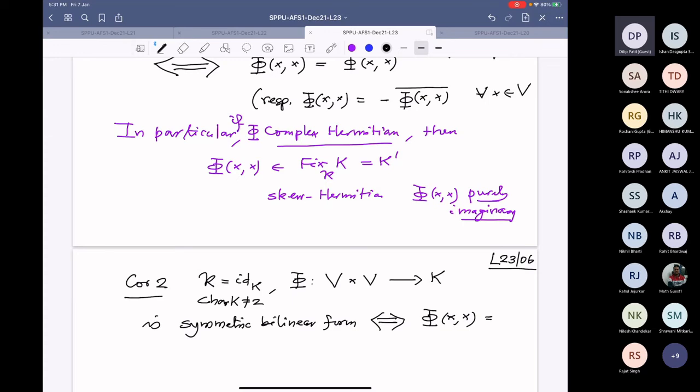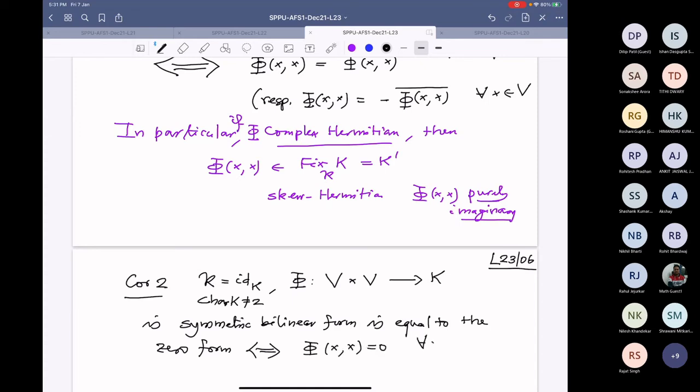No, I don't want to write that. This symmetric form is equal to the 0 form if and only if the diagonal values are 0. Once the diagonal elements are 0, then actually it's a 0 form.